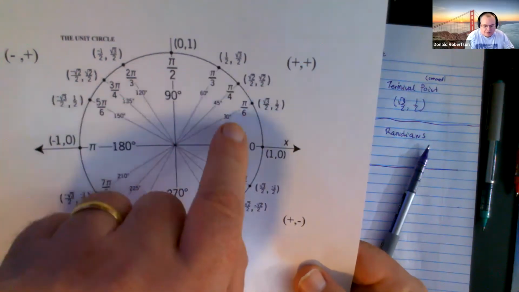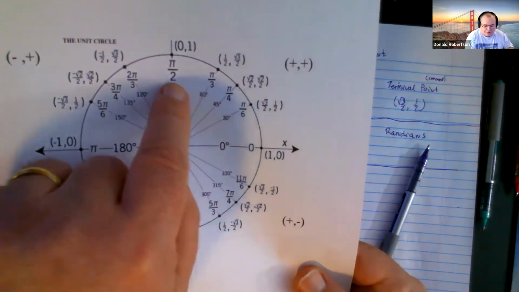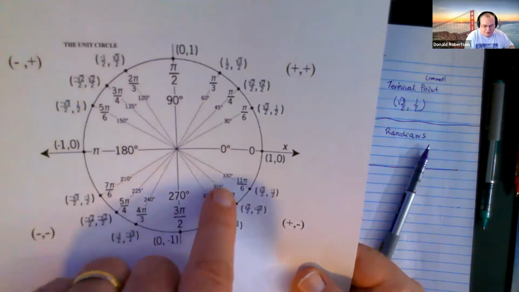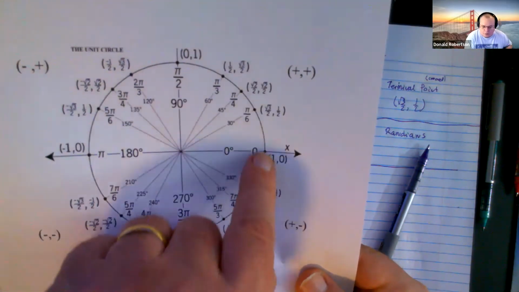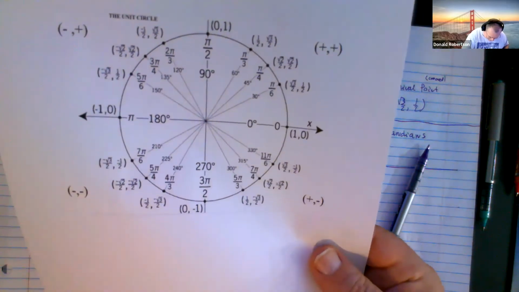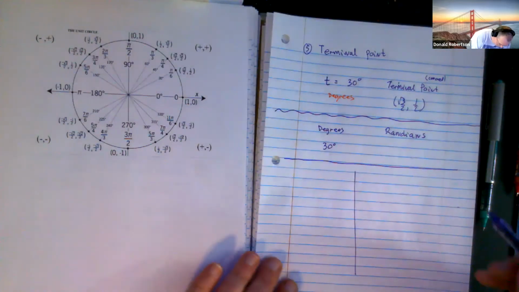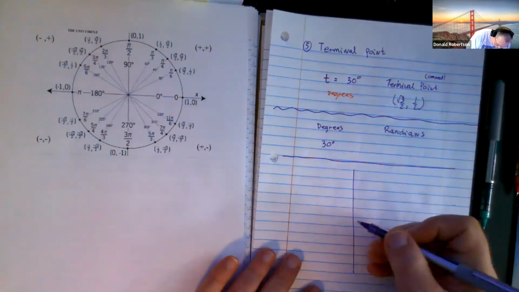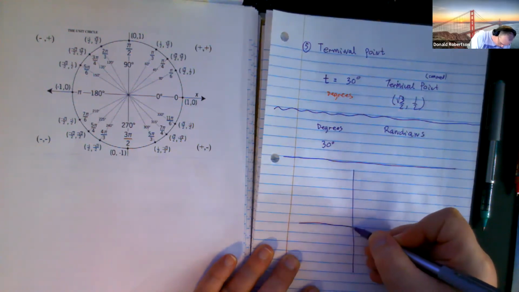Now, if you look, you can see these angles. These are the nice ones. And then on the outside, you've got the equivalent angle in radian measurement. So how can we merge those two together to see how they're connected?